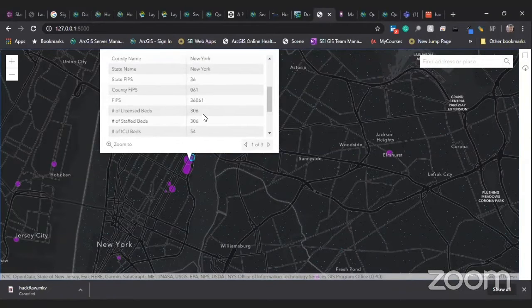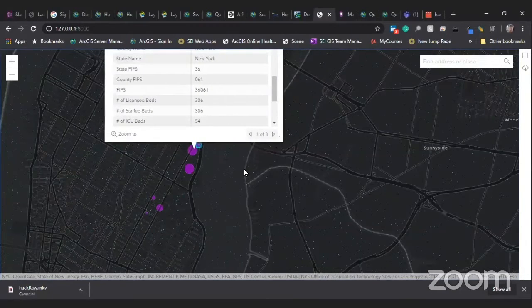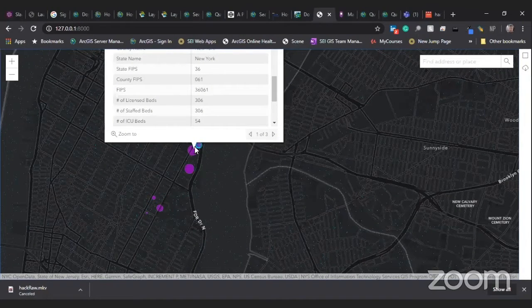What we can do with that, ideally, is we would have wanted a sketch tool that you could use to draw an area around this and export it out to CSV, so you could see how many resources were in a given neighborhood and how much time it would take you to get to a hospital.